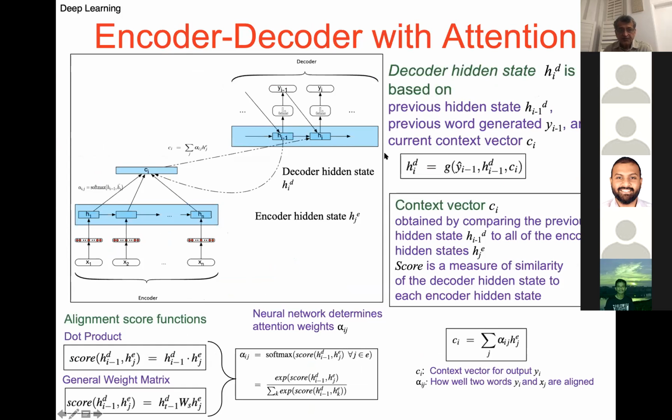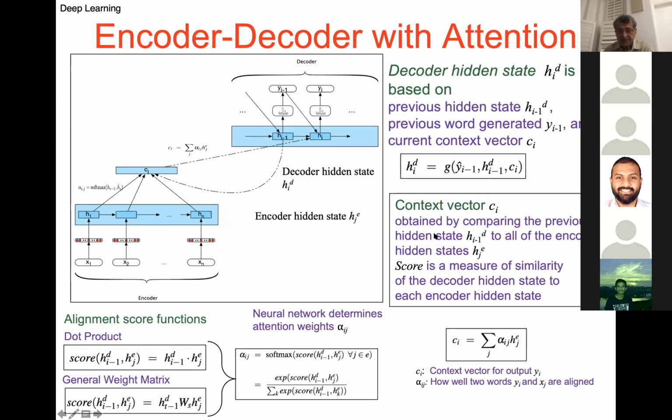So that was encoder-decoder with attention, the example we just saw. This gives all the equations properly. The decoder hidden state HiD is based on the previous state Hi-1D, the previous word generated Yi-1, and the current context Ci. So HiD is g of Yi-1, Hi-1, and Ci. All of these come into play.